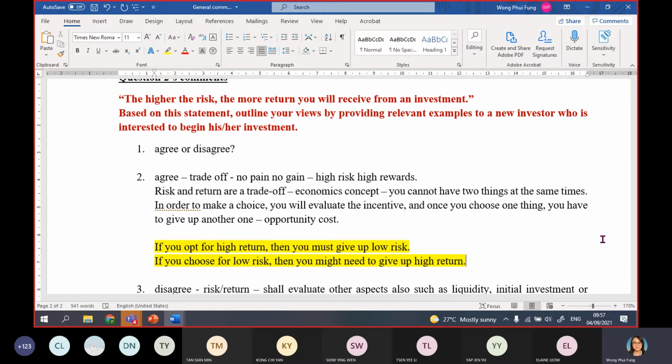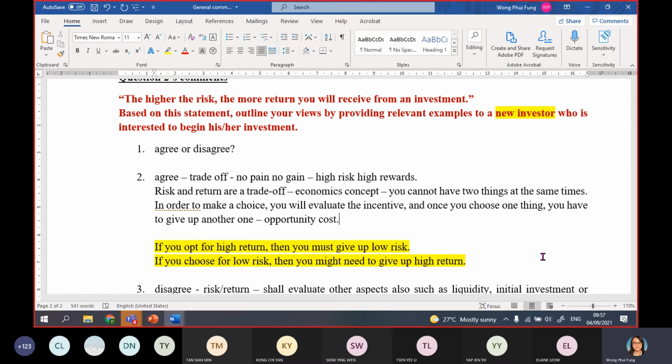That is a fundamental of the economic concept, and that is what you need to advise the new investor. You have to teach them to understand the fundamental. No pain, no gain. If you agree, then after that you give examples to illustrate the high risk, high return investment.